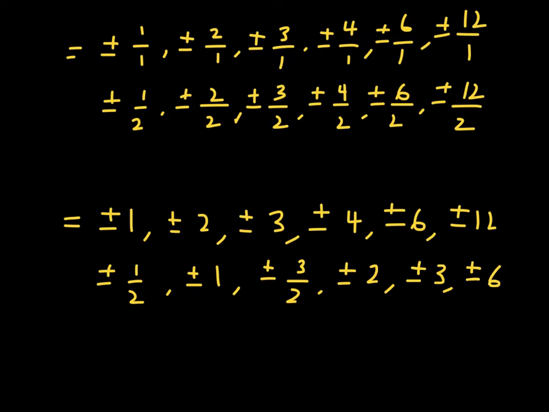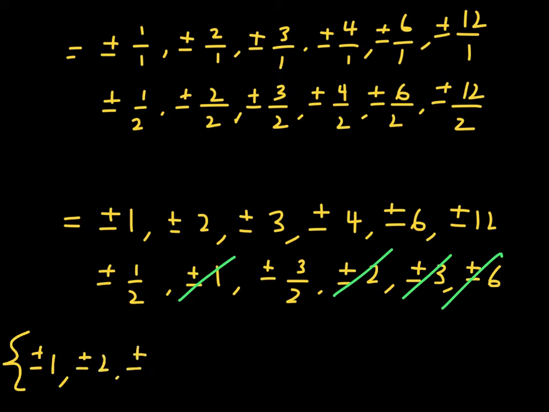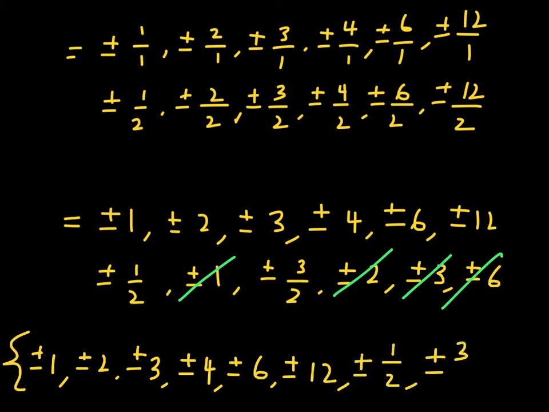I want you to notice the duplicates. There's 1 in this list twice, so I don't list duplicates. 2 is listed twice, 3 is listed twice, 6 is listed twice. So you do not list any duplicates. So all of the possible rational zeros are plus or minus 1, plus or minus 2, plus or minus 3, plus or minus 4, plus or minus 6, plus or minus 12, plus or minus 1/2, plus or minus 3/2.